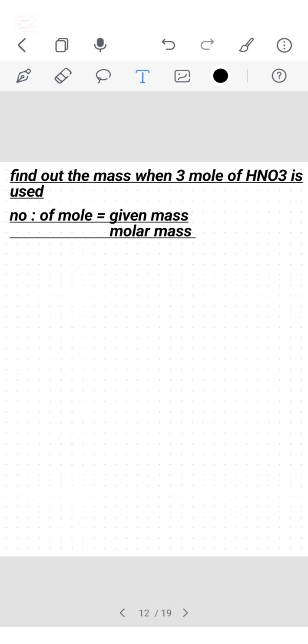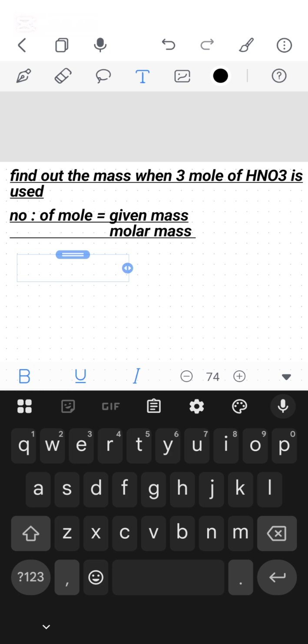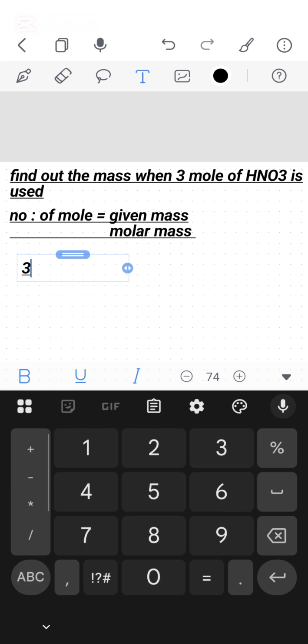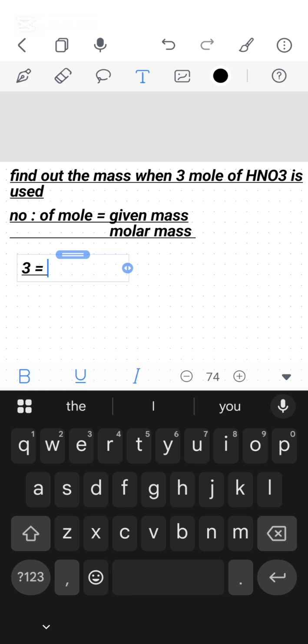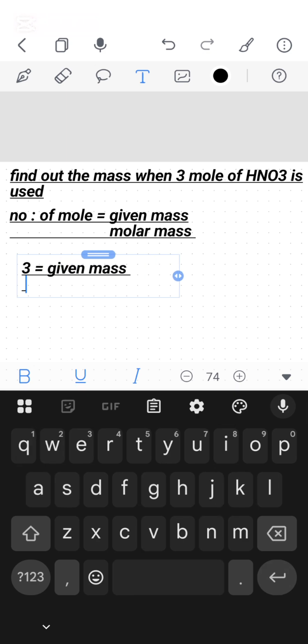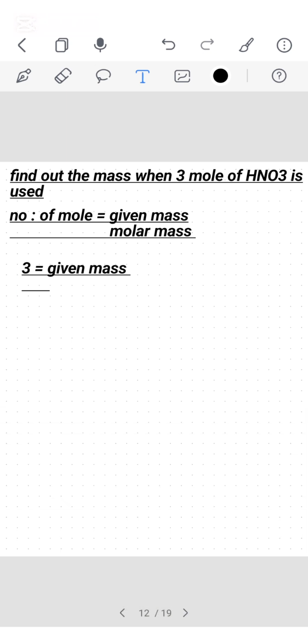In that, the mole is given, so we'll be writing 3 is equal to given mass upon molar mass. And what is the HNO3 molar mass? We will be finding that.